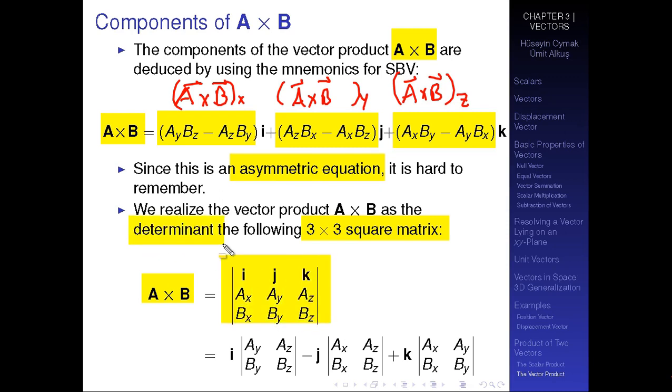That is, A × B is equal to i times the determinant of this part, minus j times the determinant of this part, plus k times the determinant of this part. Now, again, we suggest a method to remember this result.